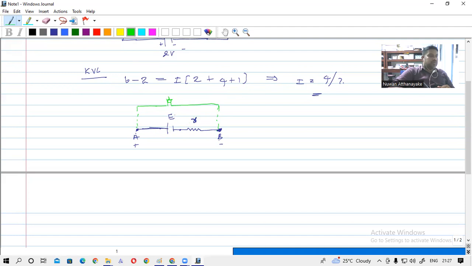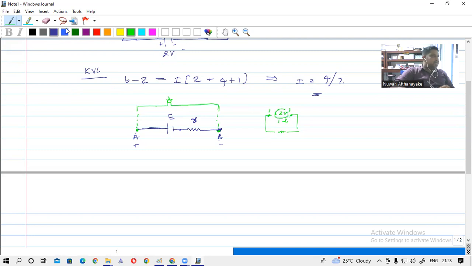So the voltage across these two terminals will be less than E when the battery gives a current to a load. That is the practical scenario. I think you have already known this. For example, if you consider a 12-volt battery with 1 ohm resistance and connect it to a load, the voltage between these two terminals will be dropped, less than 12 volt.